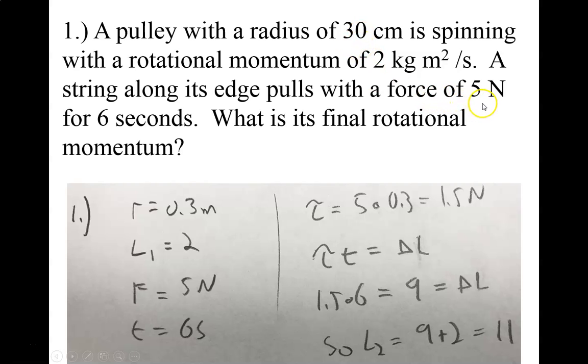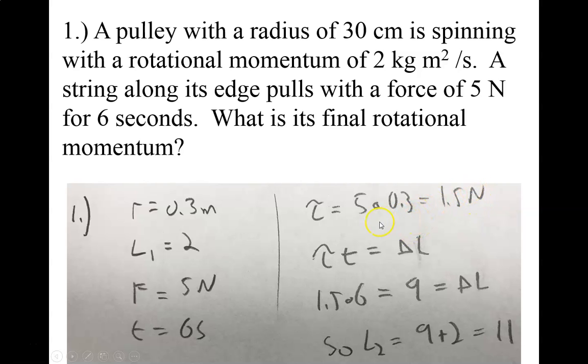Now it tells us that the string pulls along its edge with a force of 5 newtons, and that has a radius of 30 centimeters, which means it's pulling 0.3 meters away from the center of the pulley. So the lever arm is 0.3. So our torque is 5 times 0.3, which is 1.5.